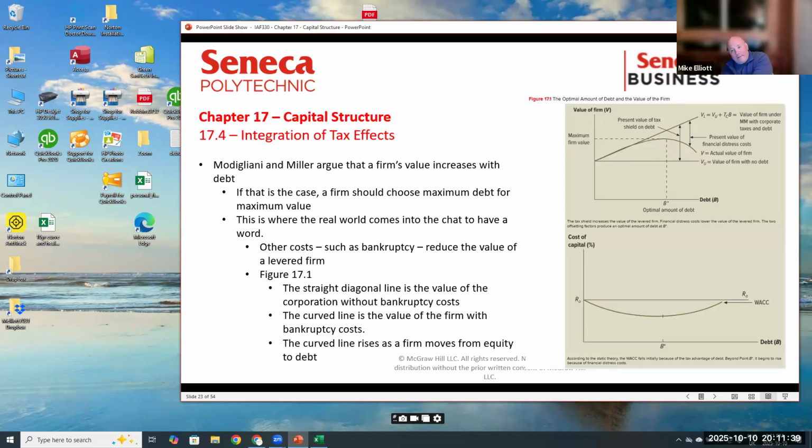If we go the other way, the present value of the tax shield is now going to be offset by higher and higher financial distress costs as we put more and more debt into the equation. So we have a curved line that says somewhere in here is the ideal debt for our firm.